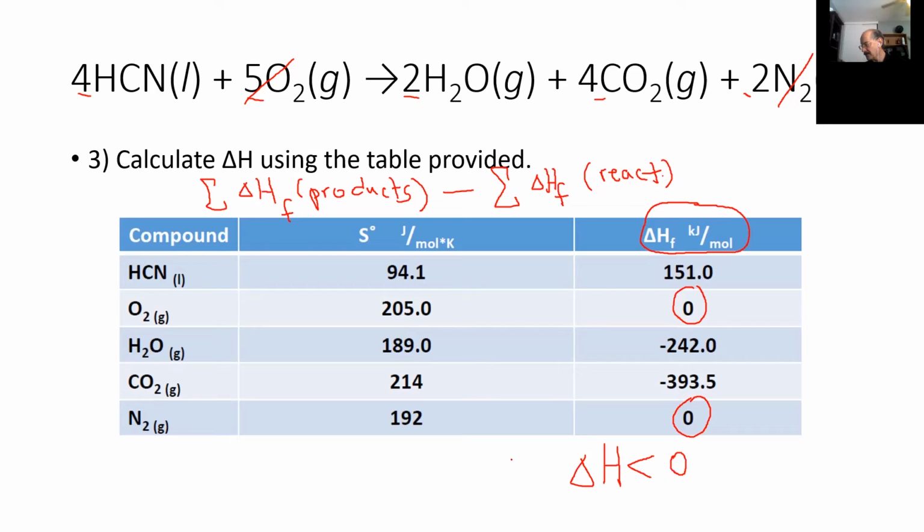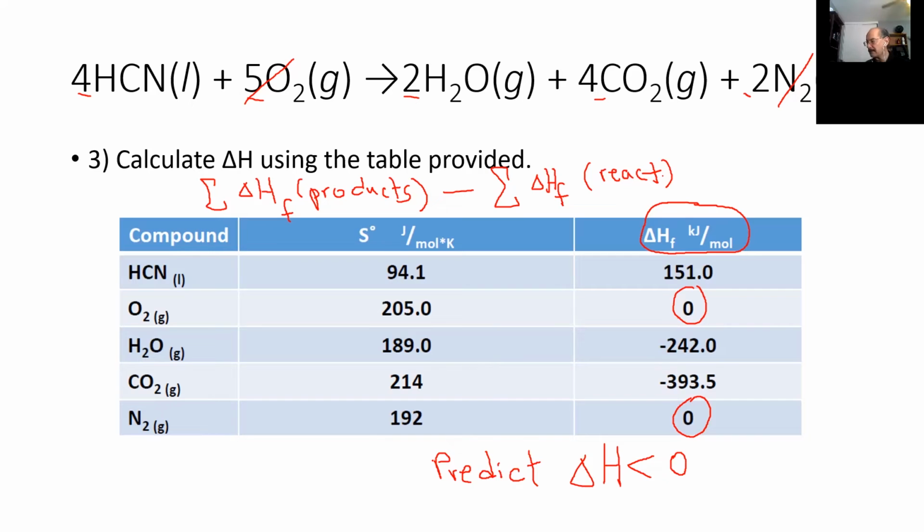So this is something I'm going to predict. Now I'm going to let you guys do the calculation. I don't have the numbers here because I just picked this up a few minutes before we started, so I'm sorry about that. So I'm going to predict that delta H is negative because this looks like a combustion reaction.